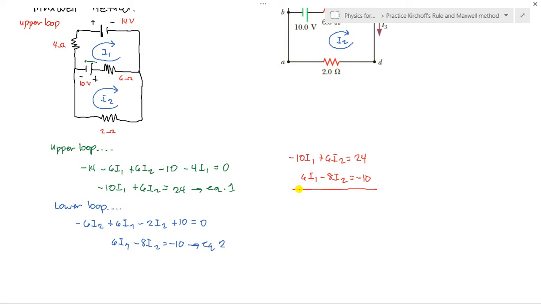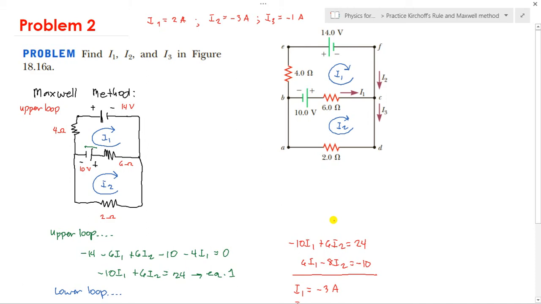So here we have negative 10, then 6, then 24, then 6, then negative 8, then negative 10. Our I1 is equal to negative 3 amps. Our I2 is equal to negative 1 amp. So our answer here is negative 3 and negative 1.